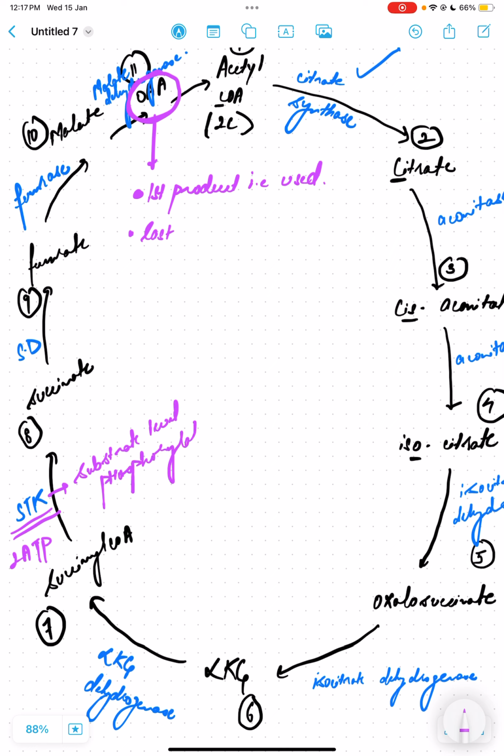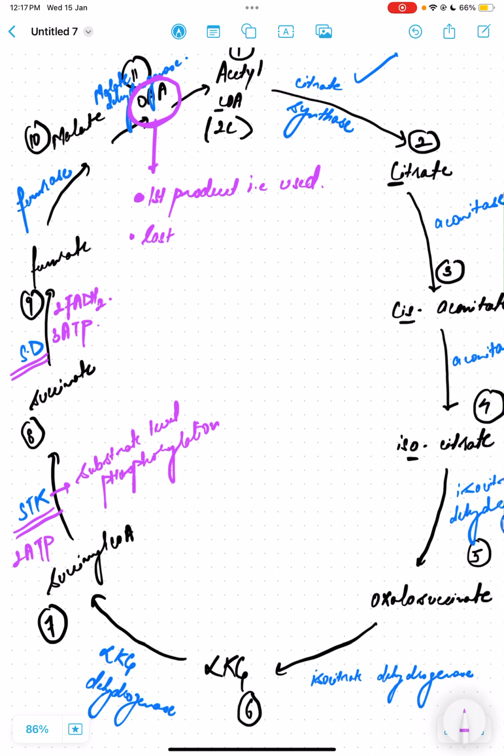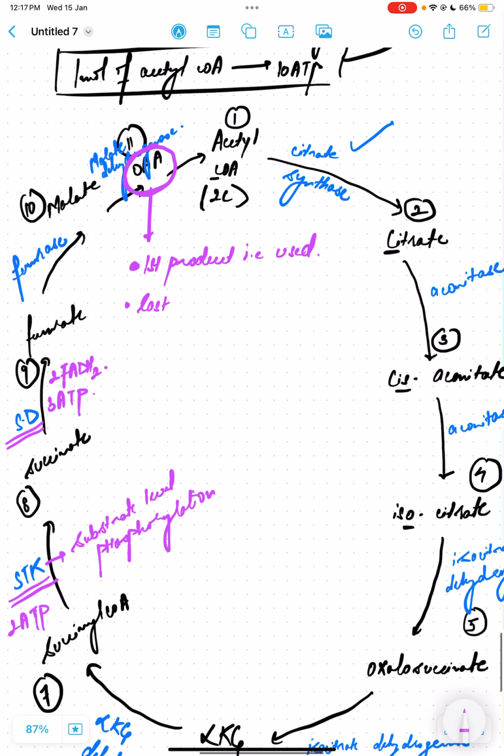And during the conversion of succinate to fumarate, we have an enzyme called succinate dehydrogenase. Here we will have the presence of 3 ATP and 2 FADH2 molecules. And from the conversion of malate to oxaloacetic acid, there will be the production of 5 ATPs.